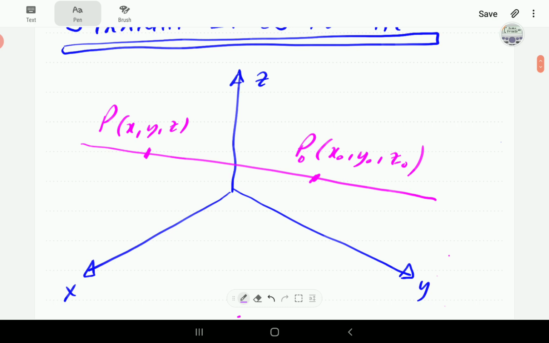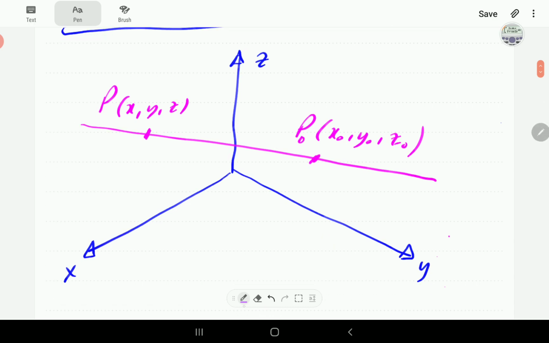So we're going to consider a line in the XYZ frame, which goes through a point P naught with coordinates x naught, y naught, z naught. Point P is going to be an arbitrary point on the straight line with coordinates x, y, z.